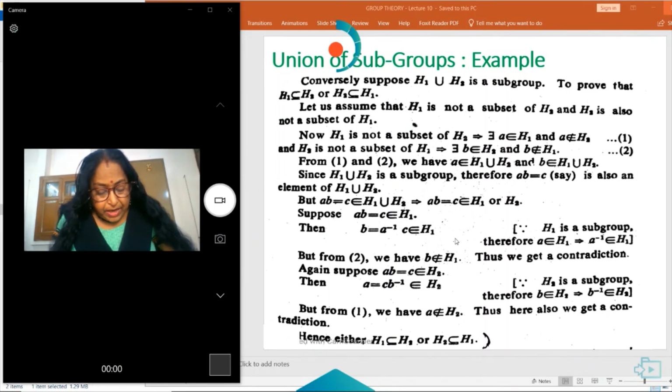But from 1 we can see that A does not belong to H2. Thus we get a contradiction. Hence either H1 is contained in H2 or H2 is contained in H1.